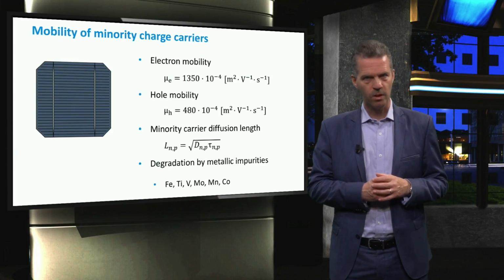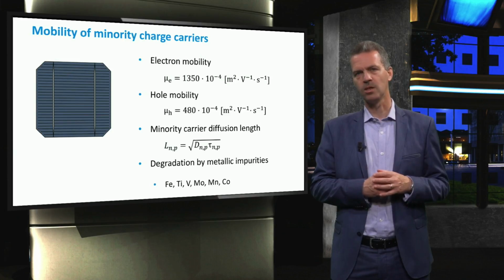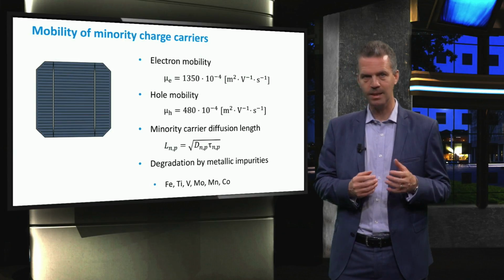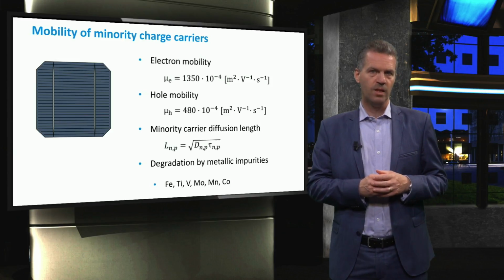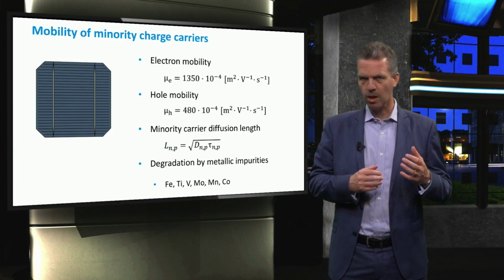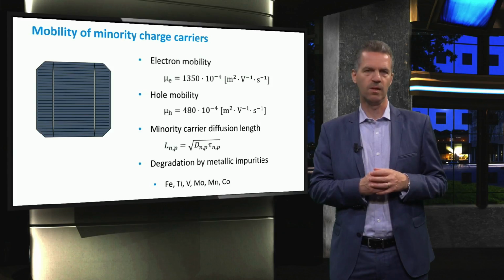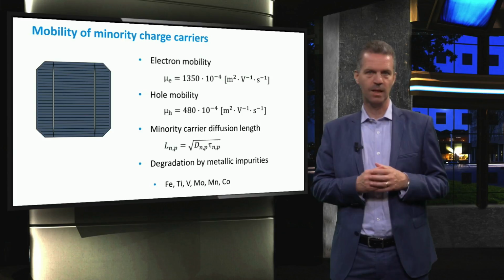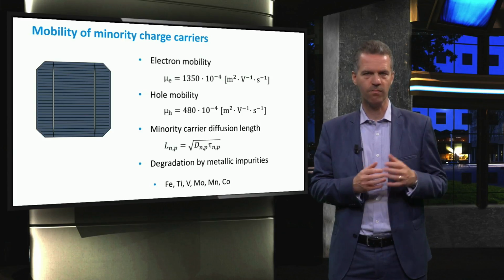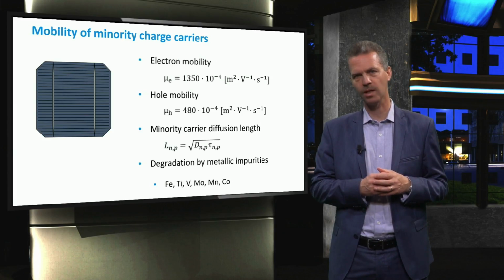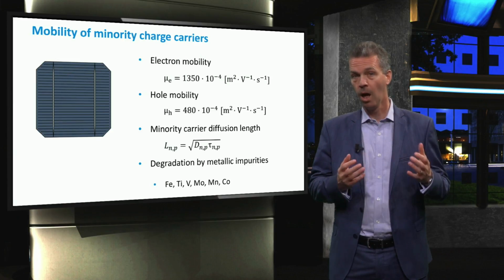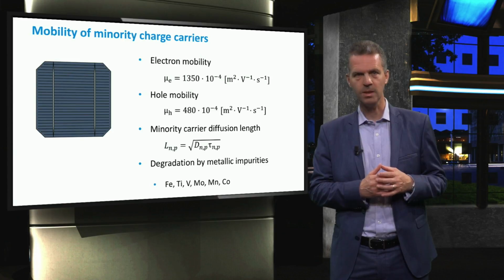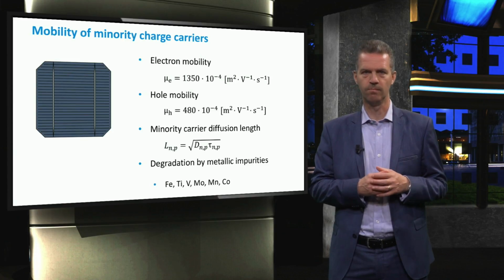P-type silicon is vulnerable to metallic impurities such as iron, titanium, vanadium, molybdenum, manganese and cobalt. These impurities result in a reduction of the minority carrier lifetime. N-type silicon is less vulnerable to metallic impurities caused by a difference in the impurity capture cross-section for electrons and holes, ultimately leading to longer lifetime for minority carrier holes in N-type silicon.